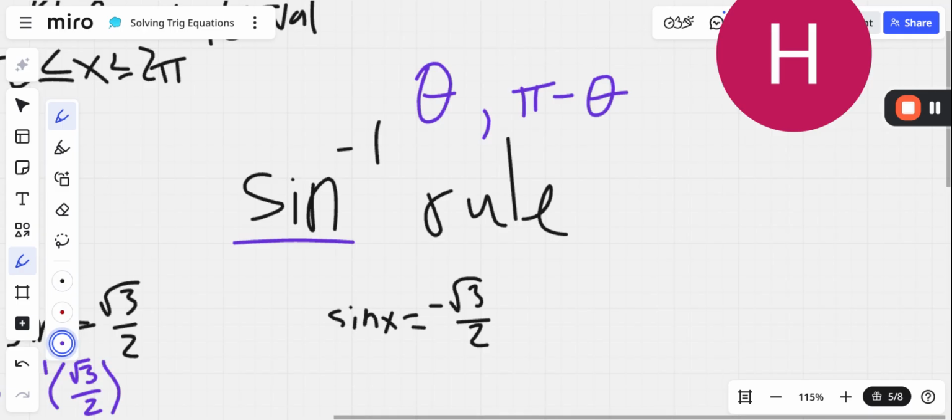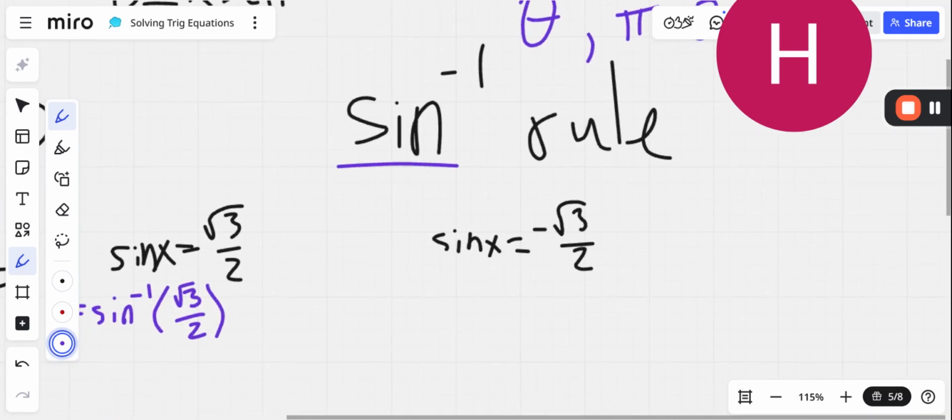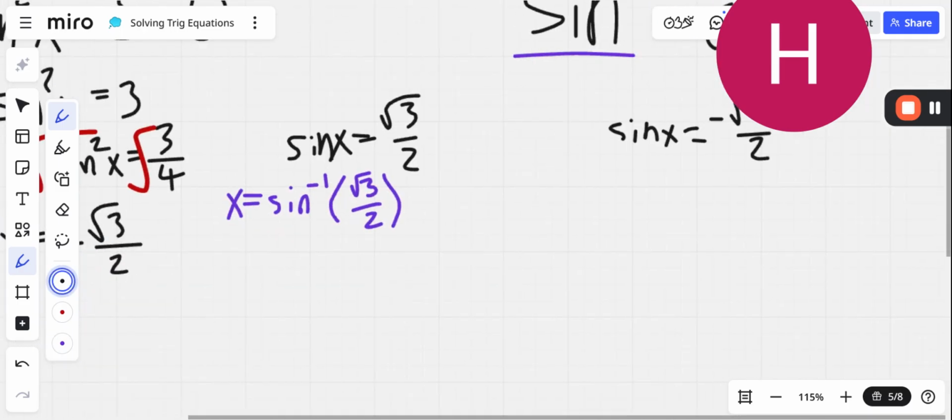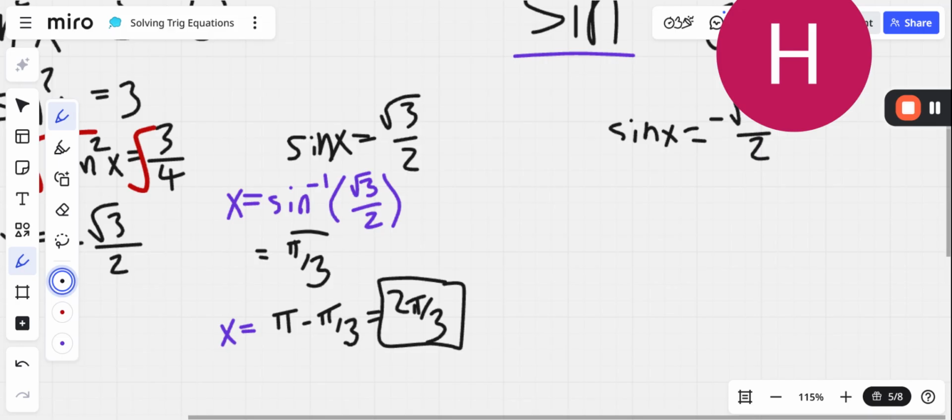The way you can remember this, supplement sine, the supplement angle for sine inverse. Which means we're not only going to get the angle of pi over 3, we're also going to get pi minus pi over 3, which is 2 pi over 3. And this is accurate. Both of those angles have a sine value of square root 3 over 2.